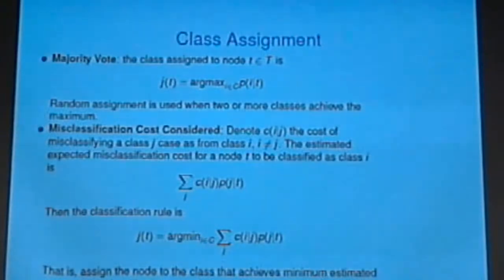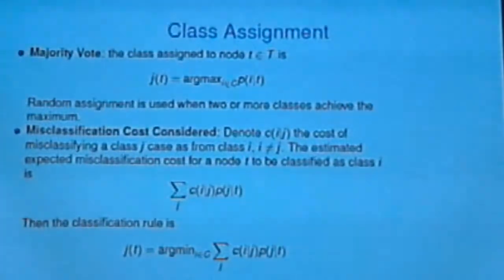And class assignment, of course, in the case of a categorical response, is based on majority vote. We already saw that, right? The class assigned to node t is the one that maximizes the class probability given that node.